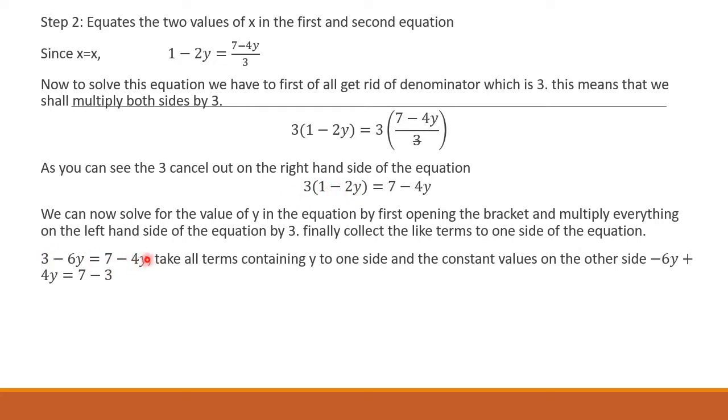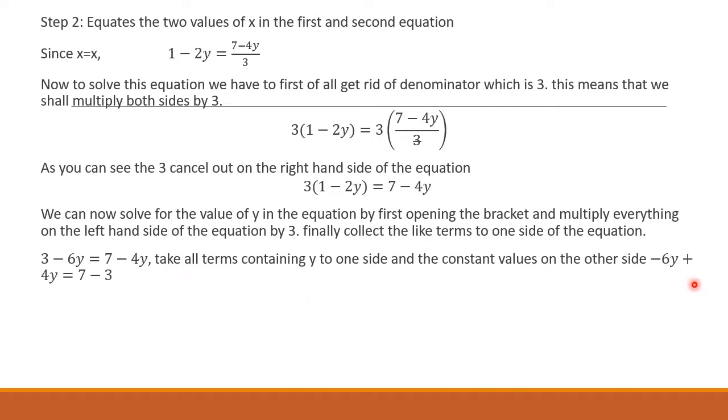Now you have y here and you have y here, so let us bring together all the terms containing y. This 4y here, we want to get rid of it, so to get rid of it we have to add 4y here, and then we add 4y on the other side too. This 3 we need to get rid of, and to get rid of it we have to subtract 3 here and also subtract 3 on the other side.